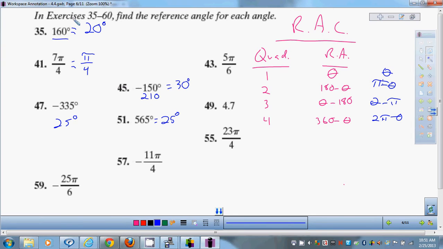So pi minus 5 pi over 6. I need a common denominator, don't I? How can I make 1 into sixths? Yes, 6 over 6. 6 pi minus 5 pi is 1 pi over 6, and that is your reference angle: pi over 6.